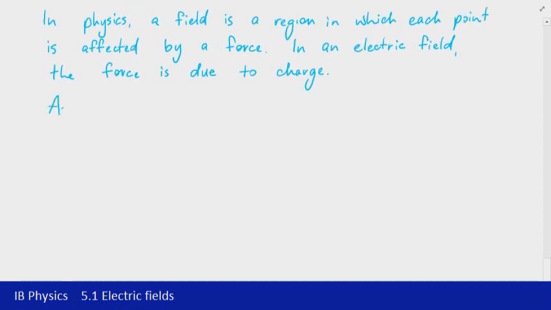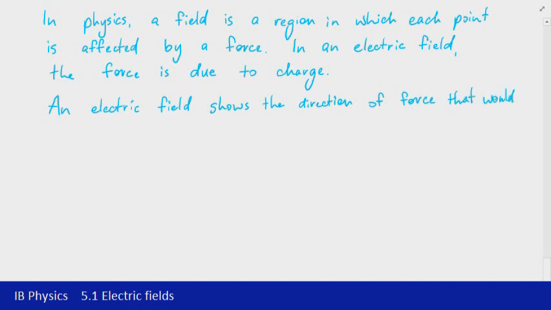Now, a field is used to represent that force, and so in an electric field, it's going to show the direction of force that would act on a small positive test charge if the charge was placed in that region.